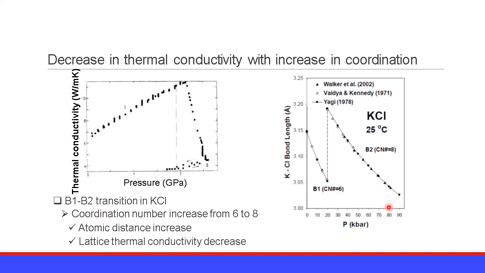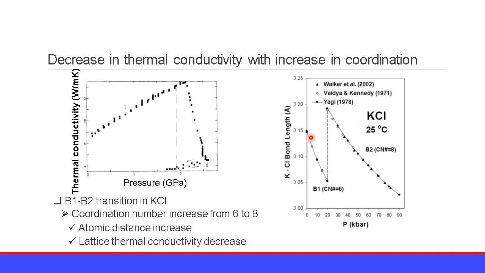This diagram shows the potassium chlorine bonding length as a function of pressure. This is a stability field of B1 phase, and this is a stability field of B2 phase. Please note that this pressure is in kilobar, and this is a pressure in GPa. Here B1 to B2 transition occurs.